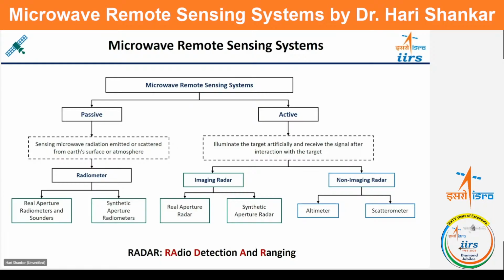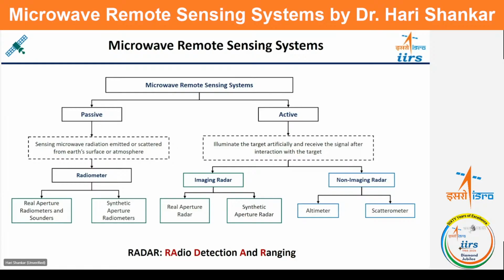Your satellite will end in less time, or the life of the satellite will be very short. That's why nobody is generating optical radiation with the satellite itself, and active optical systems are not available. So this active nature of remote sensing is only available in the microwave portion. That's what people are using.